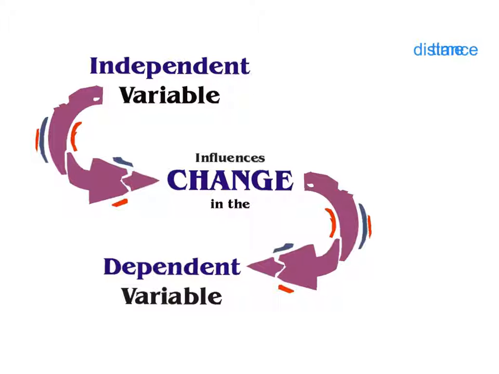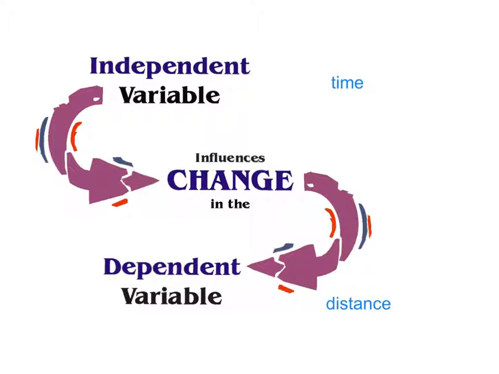So if we're talking about something like the one we just did, distance and time, we have to think about which one depends on the other. So does the amount of time that's passed depend on how far she's traveled, or does how far she's traveled depend on how much time has passed? That one, the second one? That makes time the independent variable and distance dependent, because the distance traveled depends on the amount of time that she's been traveling.